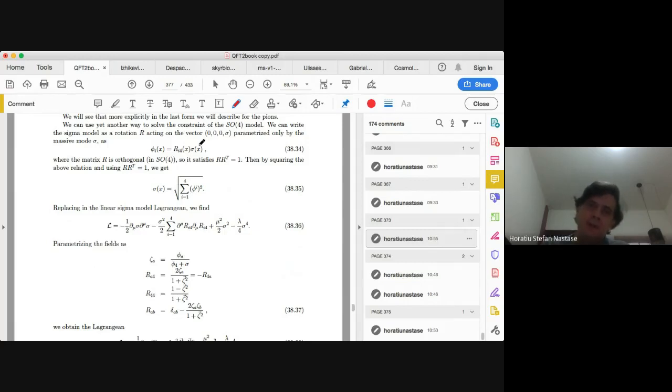And if the rotation is small, so infinitesimal, then we're getting into fluctuations around the VEV. These components are 0, so the rotation only acts on the fourth component, so it's only R i4. So phi I is R i4 acting on sigma.